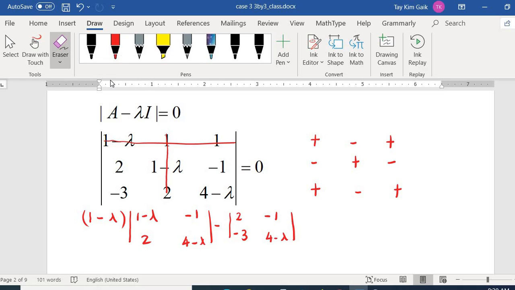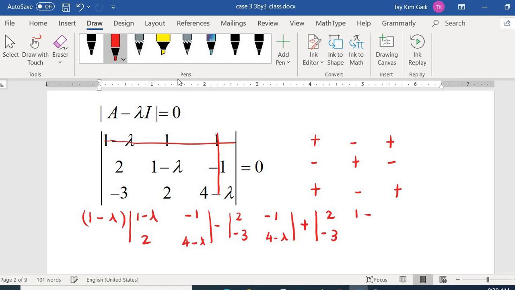Now go to the third column. This sign is positive, so plus 1. We left the determinant of this 2 by 2: 2, negative 3, 1 minus lambda, 2. And let it equal to 0.